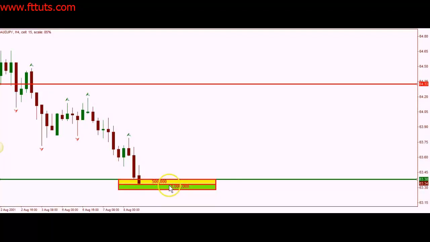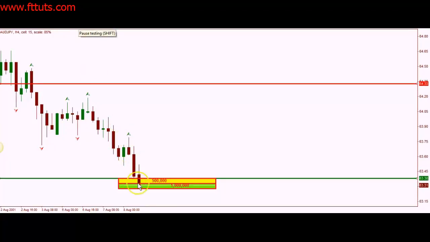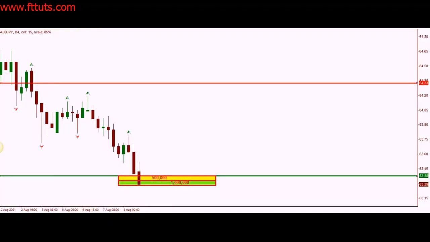So you have even more buy orders coming into the market. So you could see what happens. All these buyers, look at more buyers coming into the market, and they're going to push this thing right up, because now you have more buyers coming into the market than there are sellers, and absorb that.